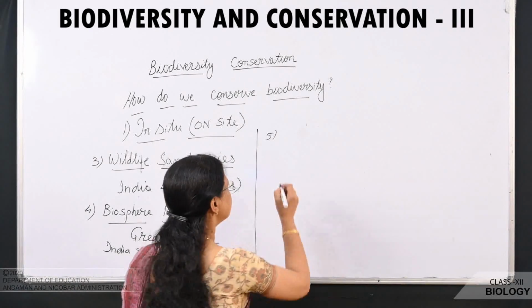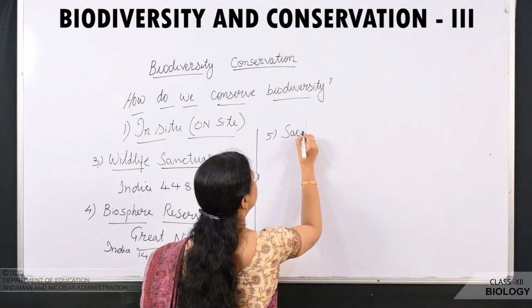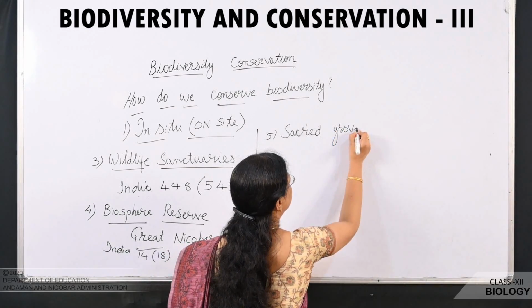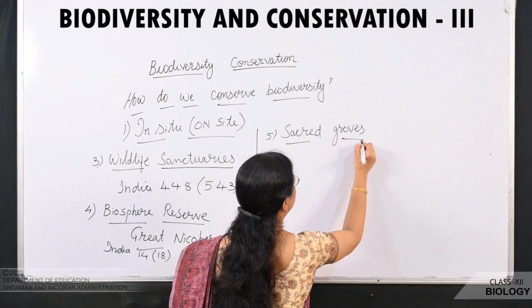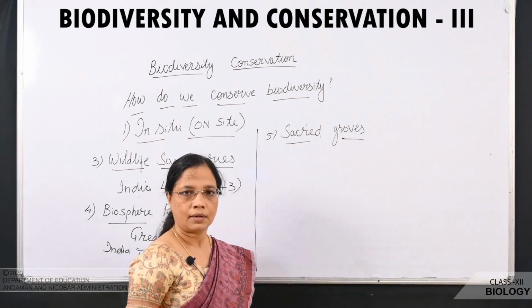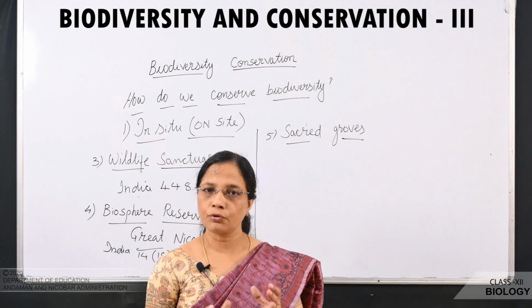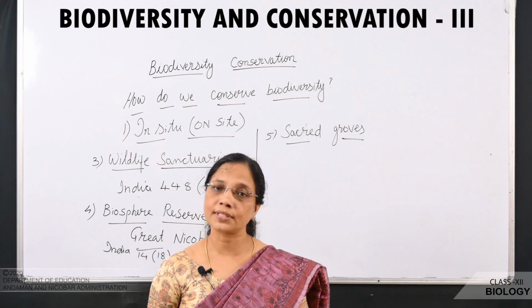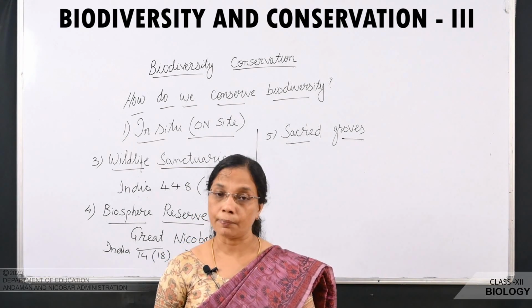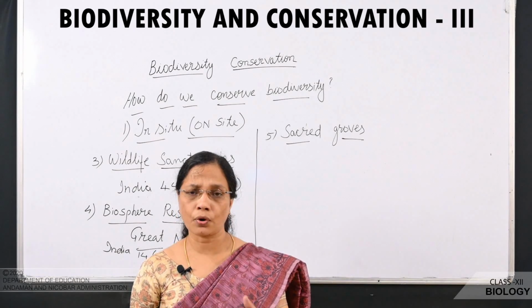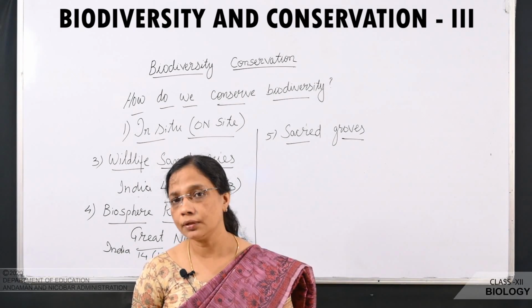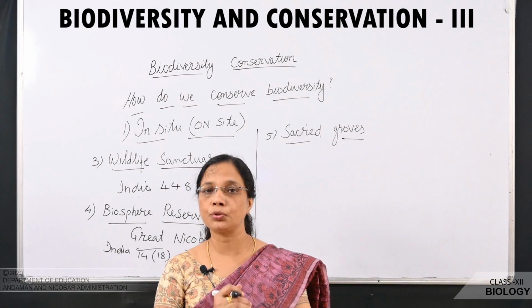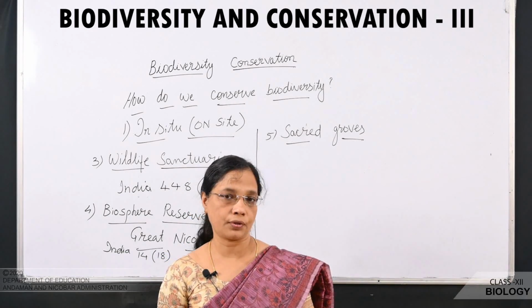Next is sacred groves. There are certain groups of people or tribes, they consider forest as their god. They protect the god and do not cause any damage to the forest and do not allow any human being to cause any damage to this forest.